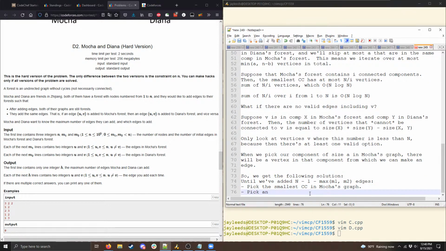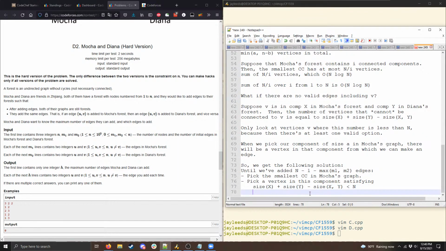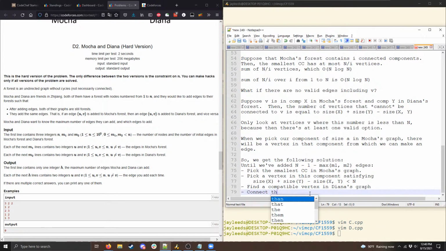Pick a vertex in this component satisfying size of X plus size of Y minus size of X intersect Y is less than n. Find a compatible vertex in Diana's graph and connect them.